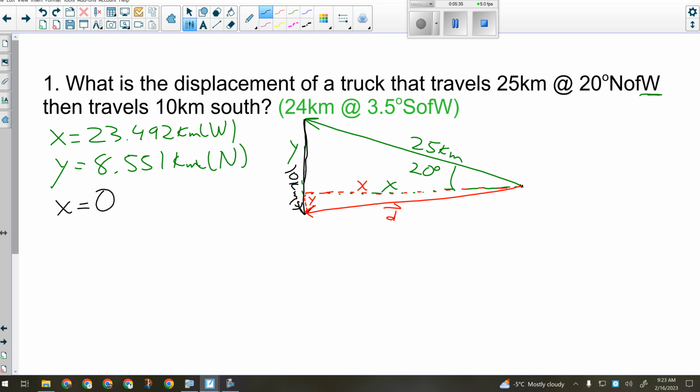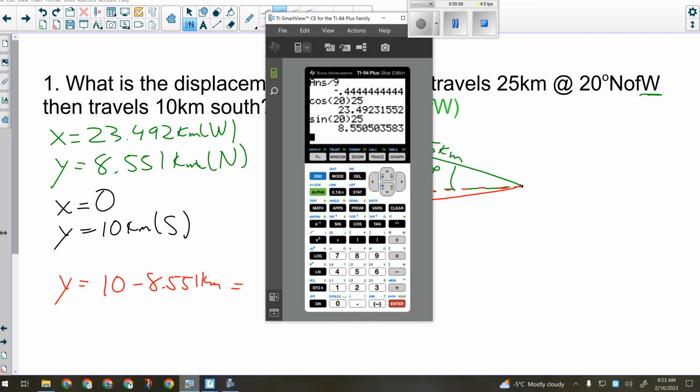And as Tony pointed out, its y component is 10 kilometers south. So to find red y, I would take black y, 10 kilometers south, and subtract 8.551 kilometers north. That's going to leave me with my overall y component, or red y.